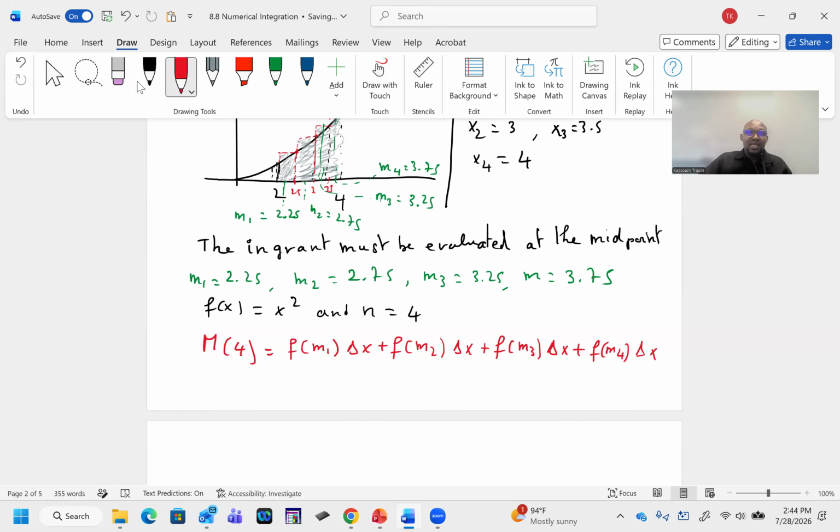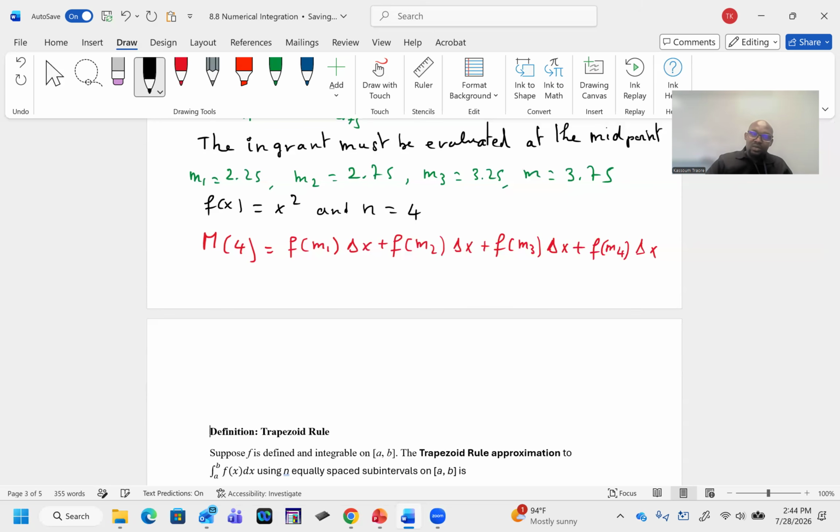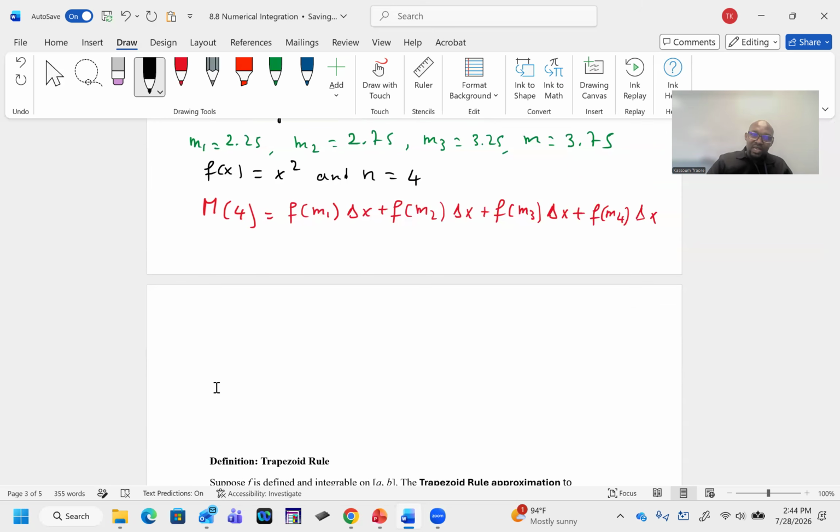So basically, what this means is my M of 4 will be f of 2.25. We know delta x we found is 0.5. Since every term will be multiplied by 0.5, we can just factor out 0.5.